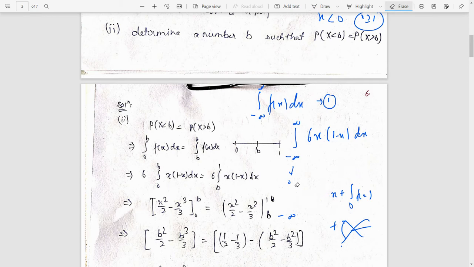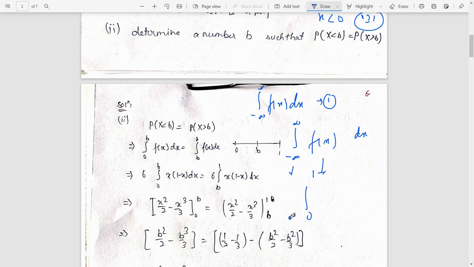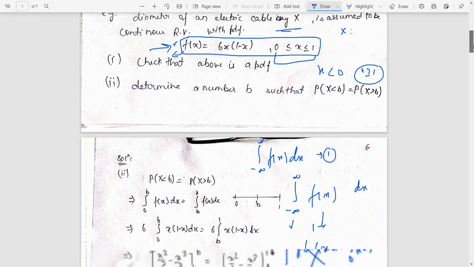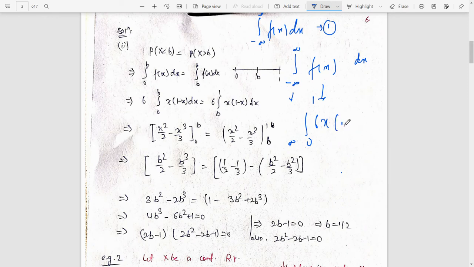Overall you are left with the integral from 0 to 1 of 6x(1 minus x) dx.